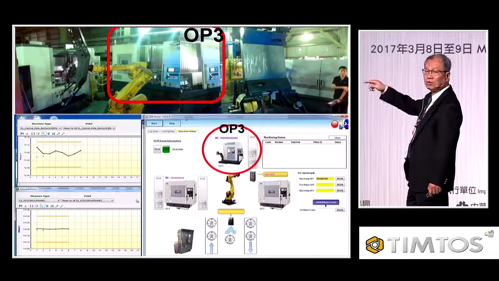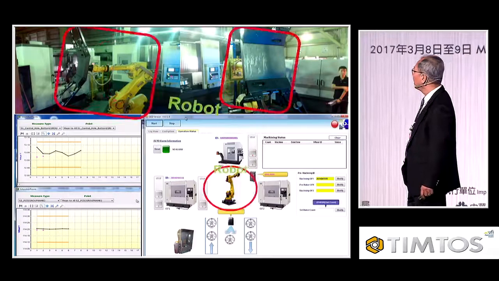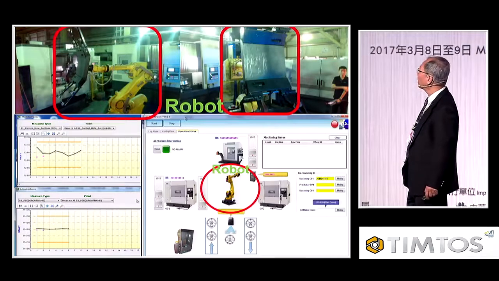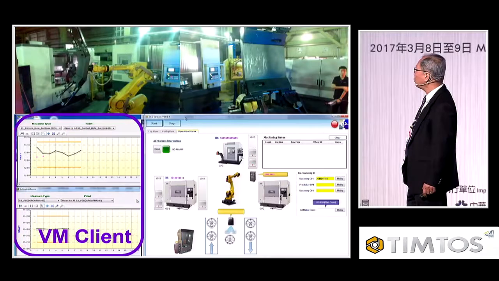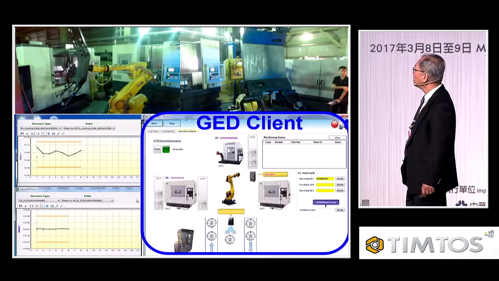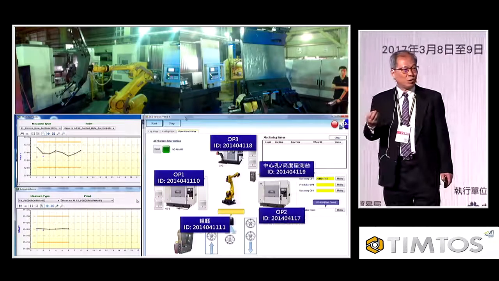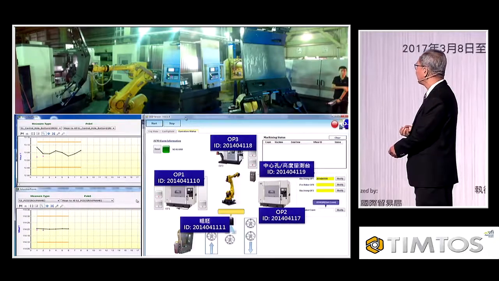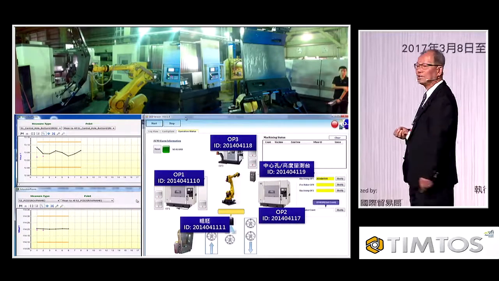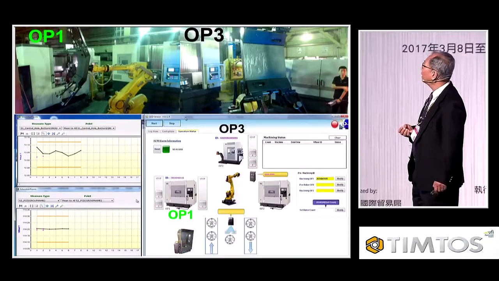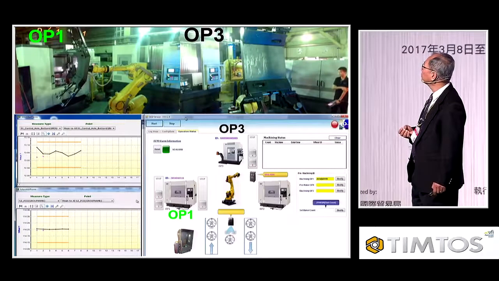OP3, I will demo those two, and that is the drill machine. And we have a Fanuc robot, and we will show you the VM result. So this is the GED client. And you see, we need to do work tracking. So we have, for example, these numbers 7, 8, 9, 10, etc. So then we will show you.